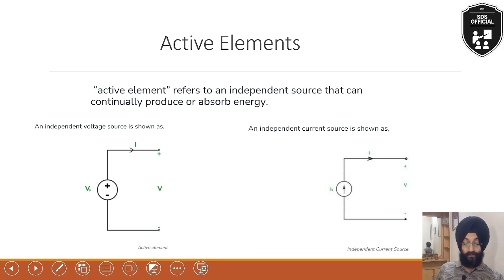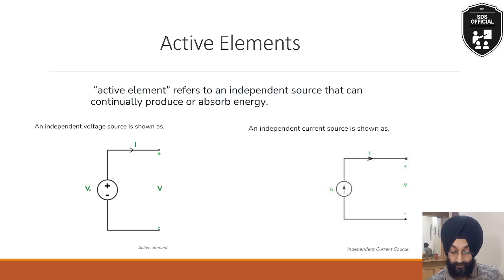So when we are having a circular symbol for a voltage source, it is known as independent voltage source. Simply, if we want to represent an independent voltage source, what we have to do is draw a circle and a positive and negative mark.